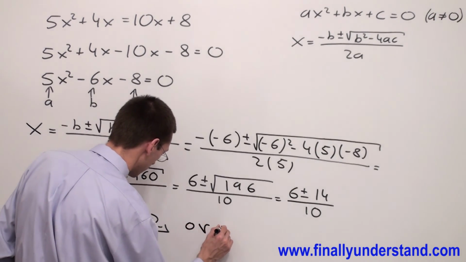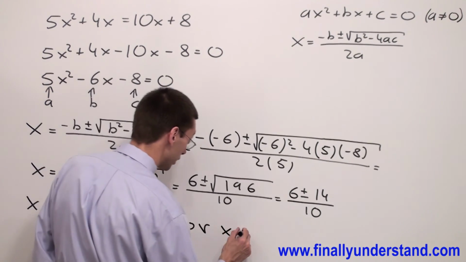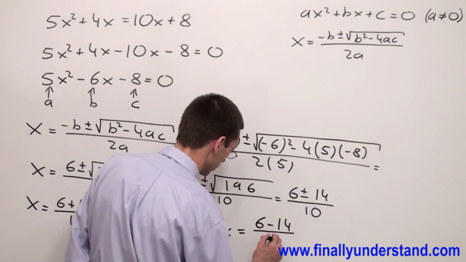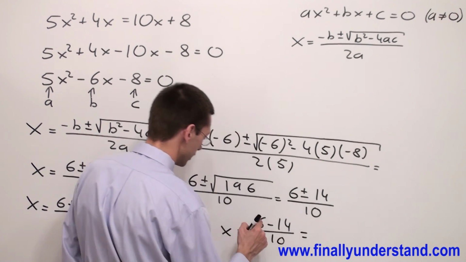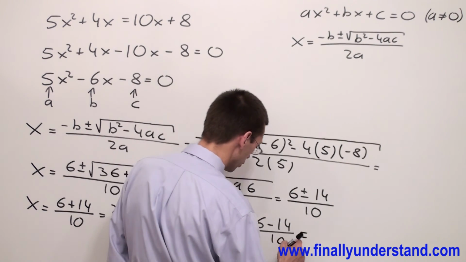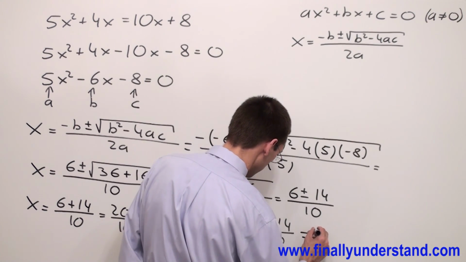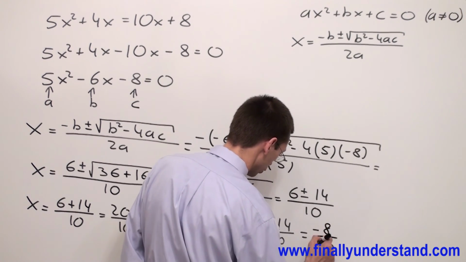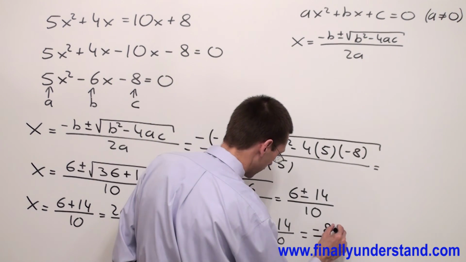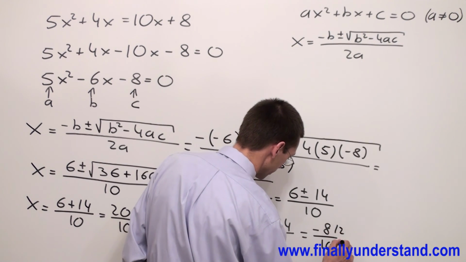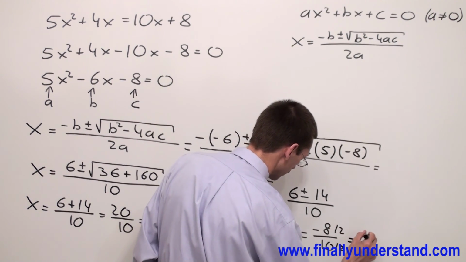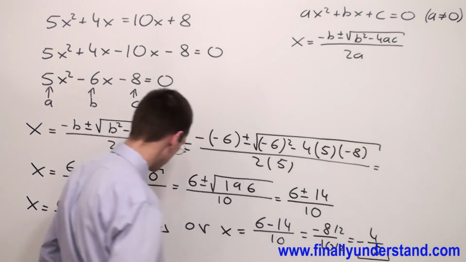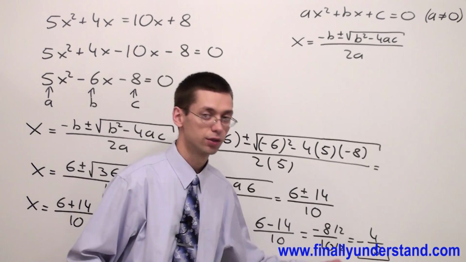Or x equals 6 minus 14 over 10. 6 minus 14 is equal to negative 8 over 10. If I reduce this fraction by 2, I'm going to have negative 4 over 5. So I can say that these are the solutions to my problem.